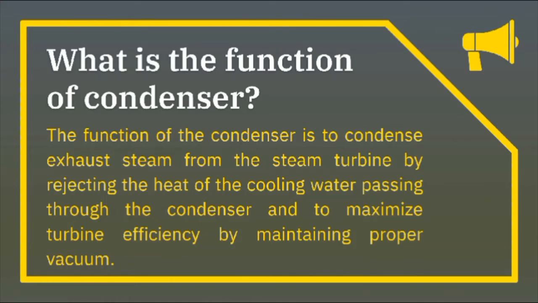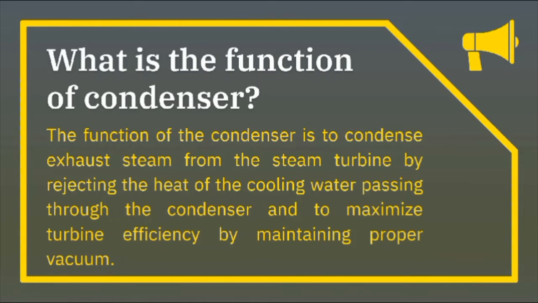This is done by passing the wet steam around thousands of small cold water tubes. The cold water is usually supplied from a nearby sea, lake, river, or from a cooling tower. The condensed steam is collected at the bottom of the condenser and returned to the boiler using feed water pumps to begin the water to steam to water cycle again.